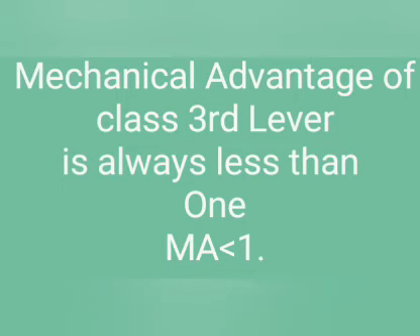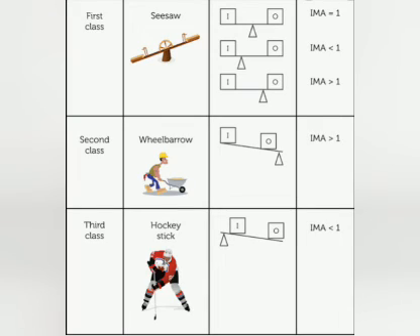So children, in this video we have discussed simple machines, in which we have studied types of lever. In class first lever, the fulcrum lies between the load and the effort, and the mechanical advantage can be more than 1, equal to 1 or less than 1.